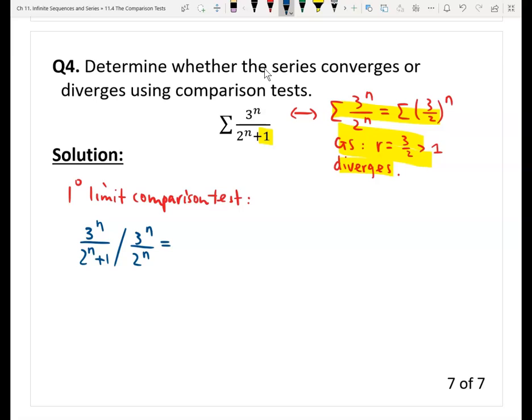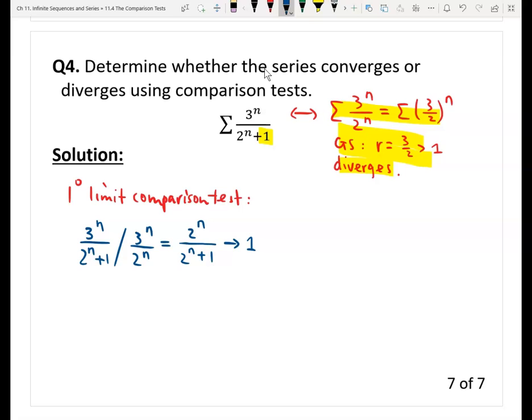We change it a little bit. So what do we get? We get 2 to the nth power over 2 to the nth power plus 1, dividing both numerator and denominator by 2 to the nth power. We get the limit is 1, as in the previous question we did.